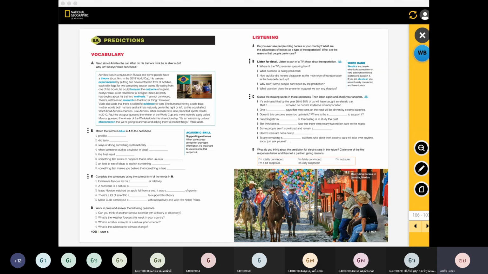We predict what the weather is going to be like today, tomorrow, and on later days. Then we see the outcome of what we predict.